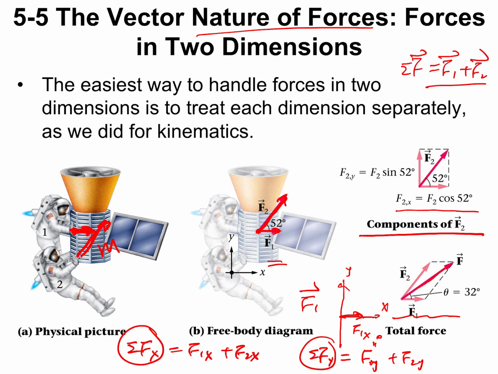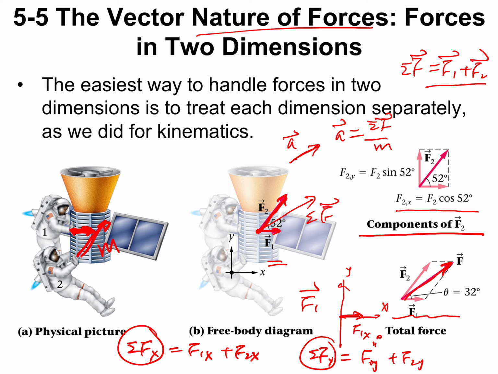It turns out combining them together will be in this direction, right? So in this direction, this is F. You know the magnitude and the direction. So the object will be accelerated in this direction, and acceleration is equal to net force over the mass of the object. Okay, so this is a two-dimensional problem.